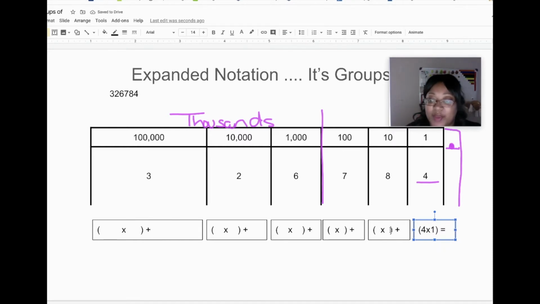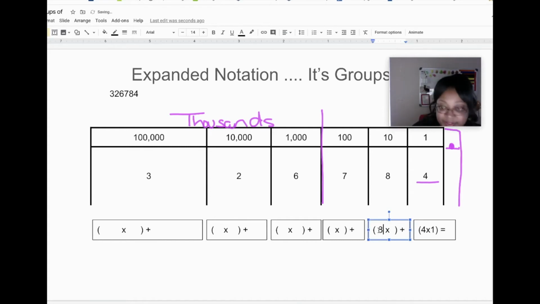All right, so how many groups do we have? We have 8 groups. So we're going to write the 8. And then what's the place value? 10. So it's 8 groups of 10 plus 4 groups of 1.